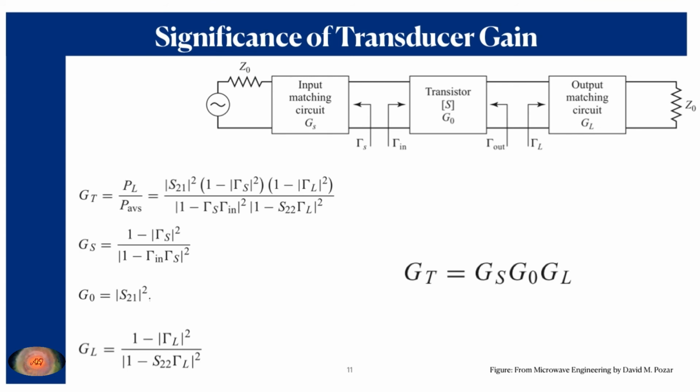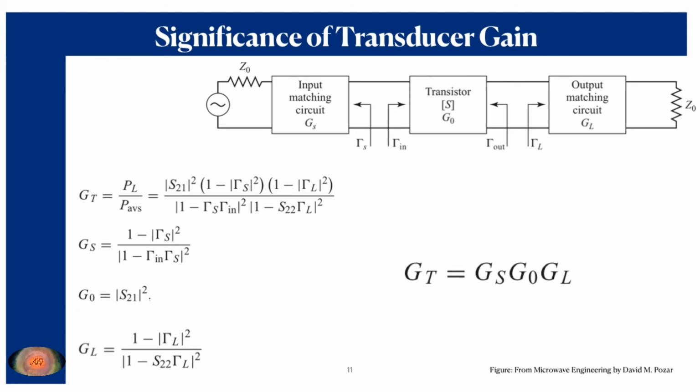Therefore, in this expression of the transducer gain, the term (1 minus mod gamma s square) divided by mod square of (1 minus gamma in times gamma s) should be associated with the input matching circuit, and that is why we can separate it out.